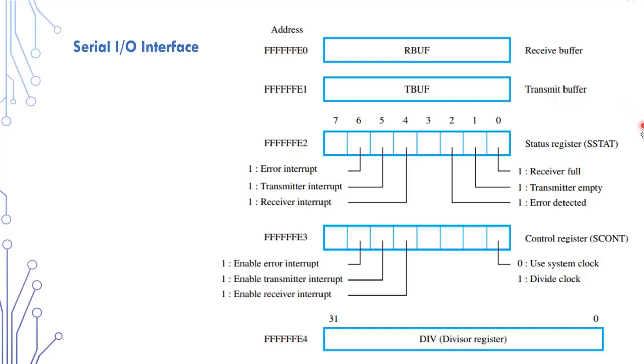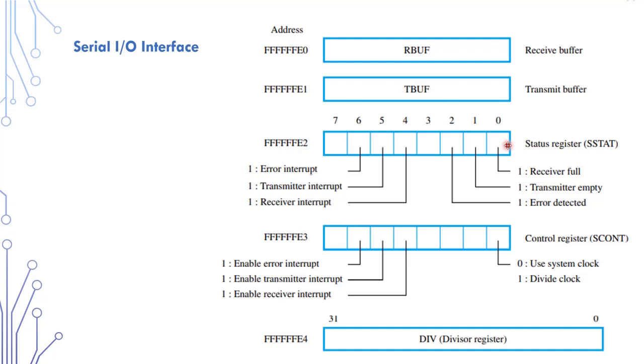The status register SStat provides information about the current status of the receive and transmit units. The bit SStat 0 is set to 1 when there is valid data in the receive buffer. This is cleared to 0 automatically upon read access of the receive buffer.